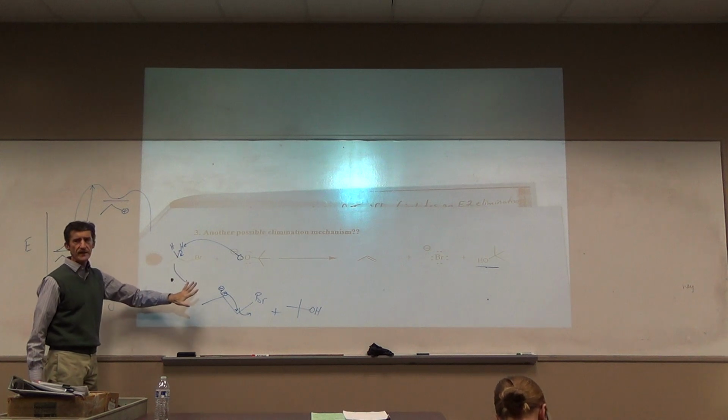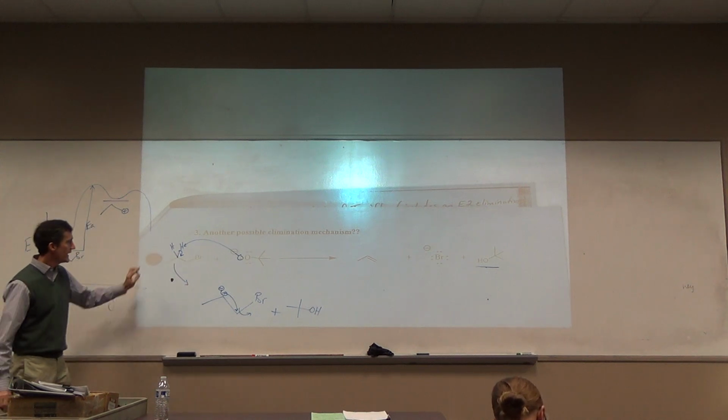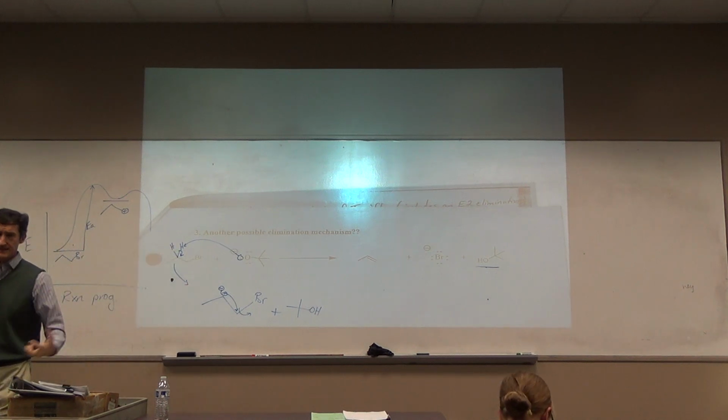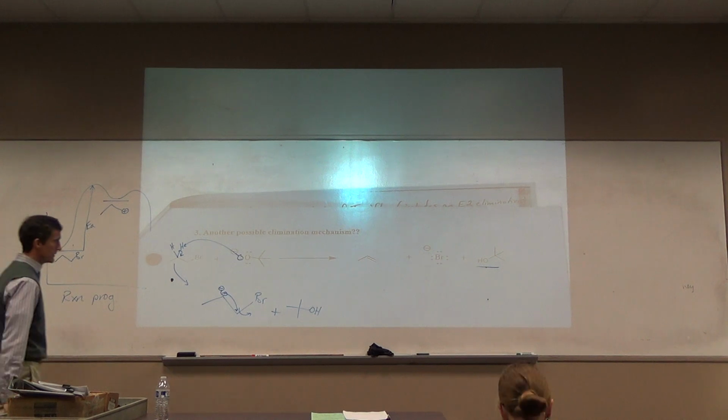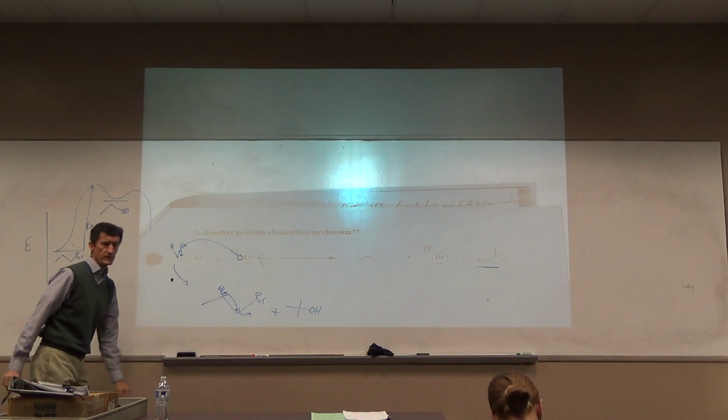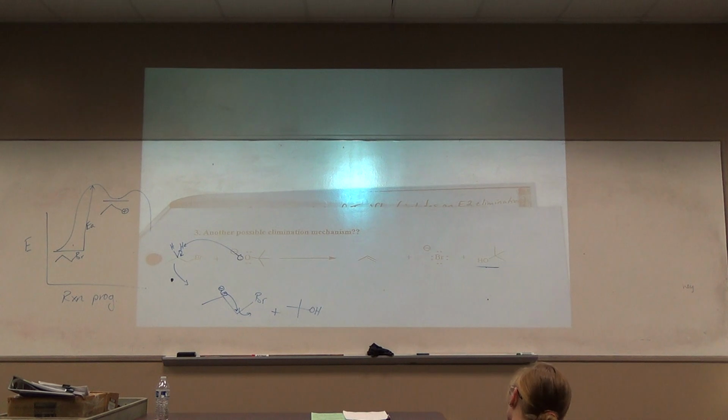This is a possible mechanism in some cases when the beta hydrogen is acidic. But that's going to be very rare, and it's never going to happen in this class. We made a carbanion here. We're never going to make a carbanion again in the elimination reactions we do.